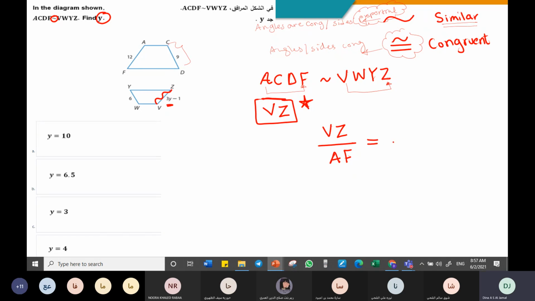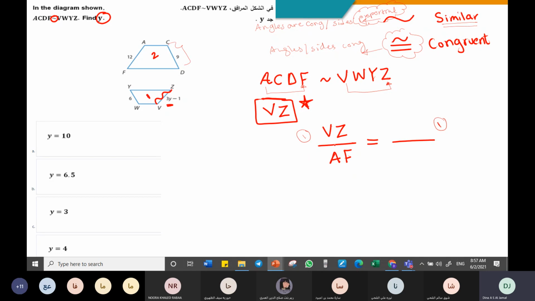So equal to. Now, to find the unknown, I need to use other known values. So he is giving me CD. So let's use this. But pay attention. Here is my polygon 1, polygon 2. If you have started with the first one, you need to start with the first one.